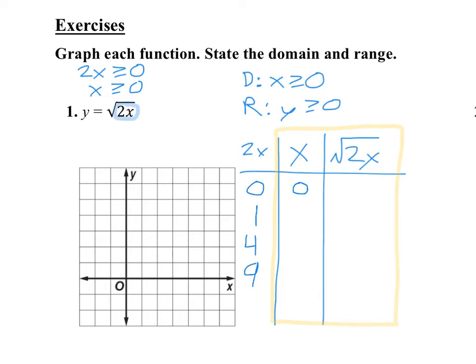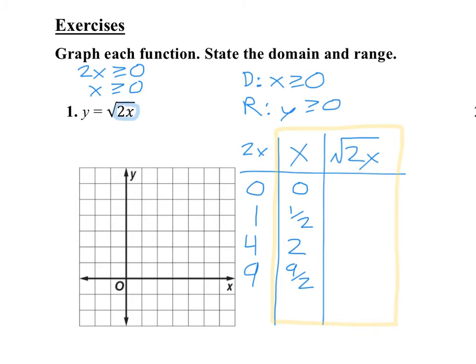What value of x makes 2x equal 1? That would be 1/2. So I'm just deciding what x values would make 2x equal a perfect square. So if x was 2, then 2x would be 4. If x was 9 over 2, then 2x would be 9. So these are the nice x values.